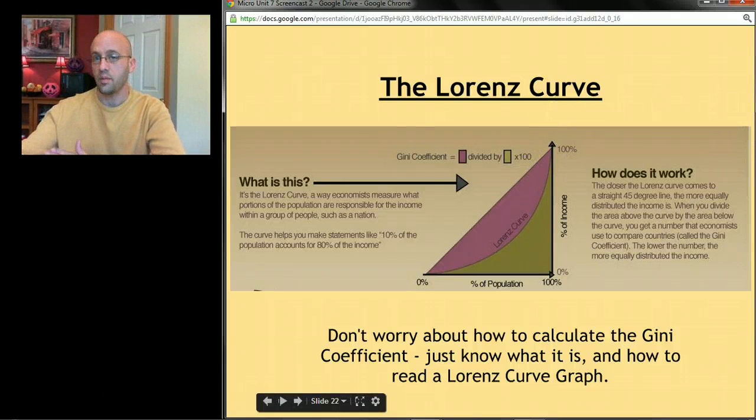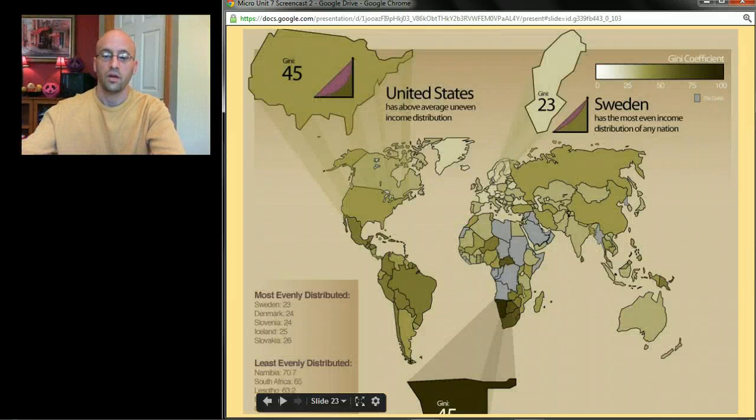Now you don't need to know how to calculate the Gini coefficient, but you need to know what it is. So let me show you a couple different countries' Lorenz curves to show you how this works. Here's Sweden. And notice that Sweden's Lorenz curve is pretty close to this 45-degree diagonal line. In other words, Sweden has a pretty even distribution of income. On the other hand, take a look at the United States. Here's the United States' Lorenz curve.